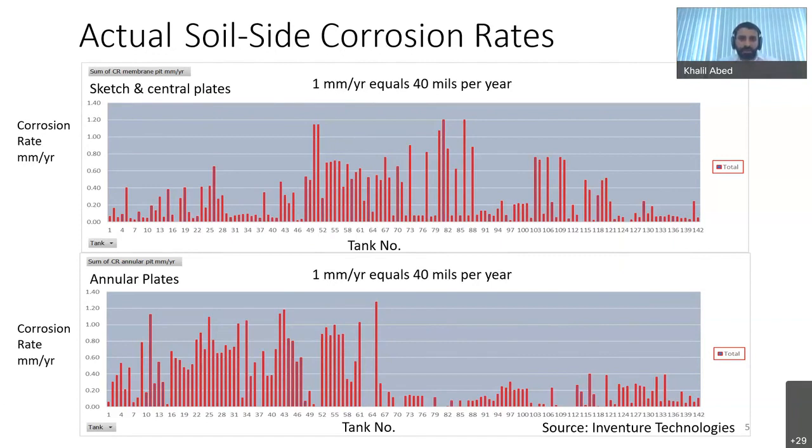The graph at the top shows the highest corrosion rate in the sketch and central plates of each tank, and the graph at the bottom shows the highest corrosion rate in the annular plates of each tank. Both graphs show that the corrosion rate in the central and annular plates is as high as 1.2 millimeters per year, which means tanks corroding at this rate will leak in less than 6 years from the commissioning date.